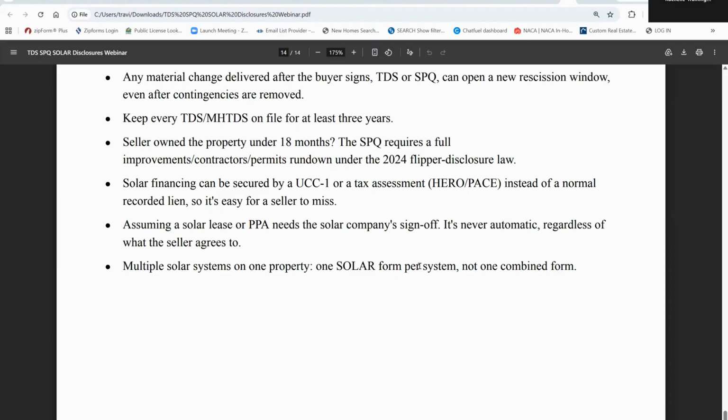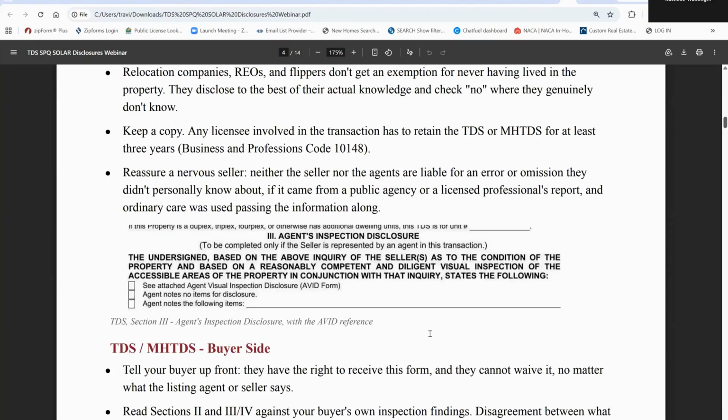Sometimes there's been extensive work done in one or more of the units, and you may need to be very specific, in which case you might need a separate TDS or SPQ per unit, based on what's happened over the years, especially with extensive remodels. So that's my recommendation on anything that's going to be 2 to 4 units.